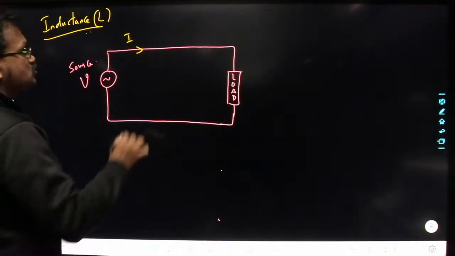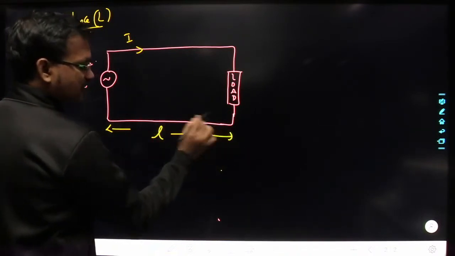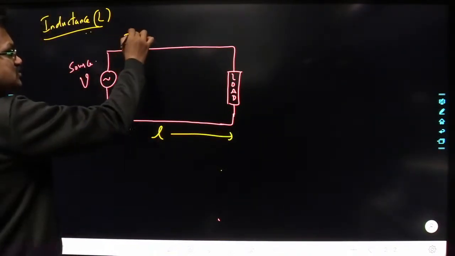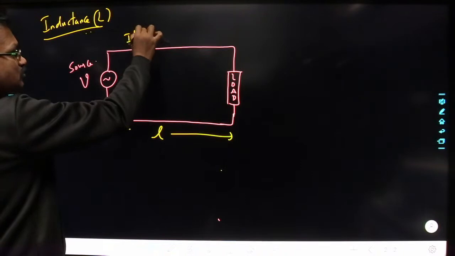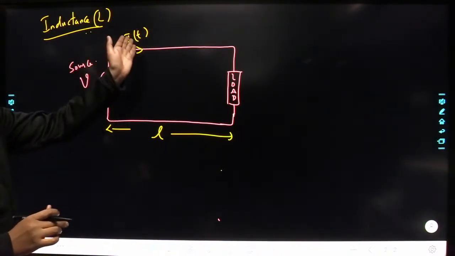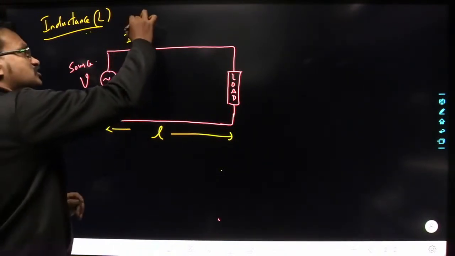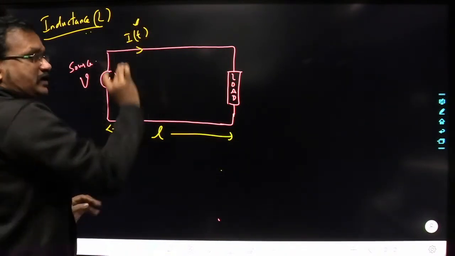That current is a function of both space as well as time. So let us consider only the time function. It is varying with respect to time as well as space, but now I am doing the analysis with respect to time.